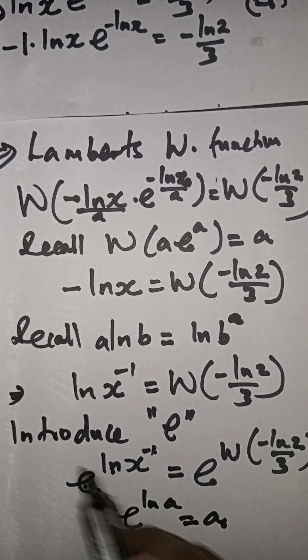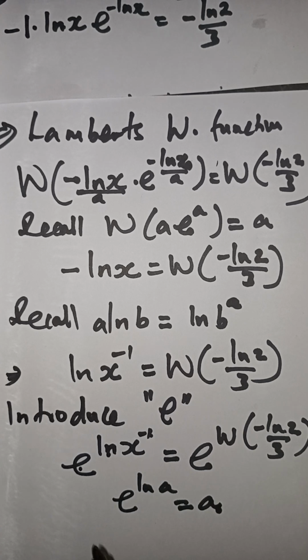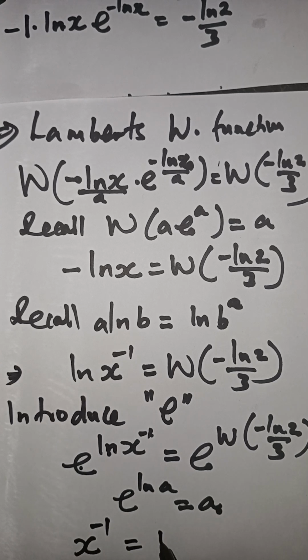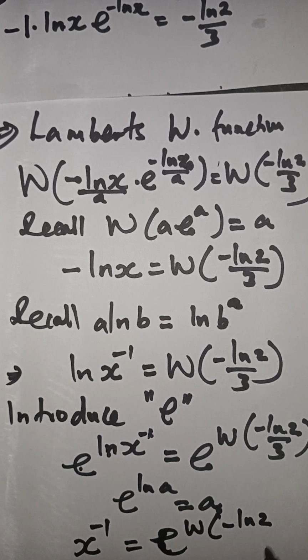This goes without saying that this particular point will change to x, that one, is equal to the exponential of W in bracket negative natural log of 2 over 3.